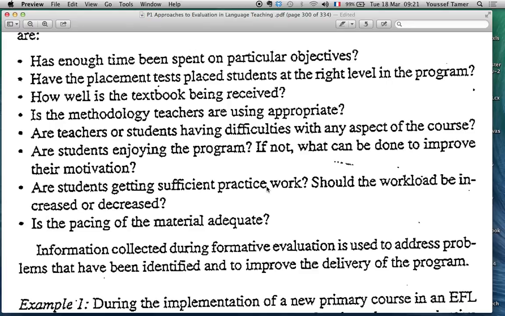Have the placement tests placed students at the right level in the program? Usually, if you have some experience with language centers, many times after the program starts, you get some participants telling you, oh, this is too difficult for me, can you put me in a lower level? Or the opposite, this is too low for me, can you put me in a higher level? Yes? This usually happens, okay?